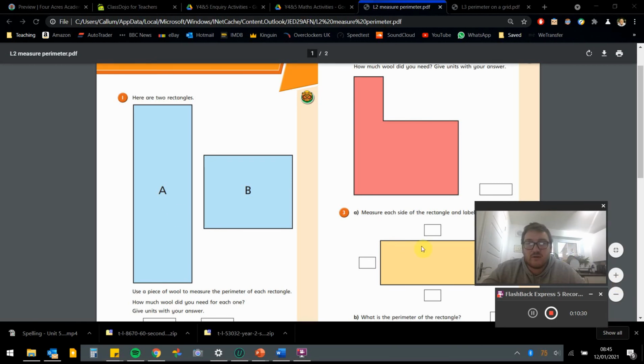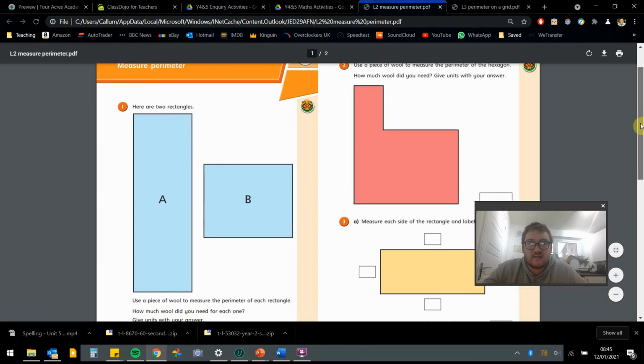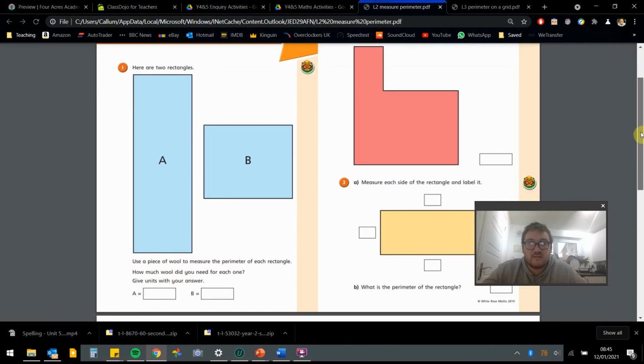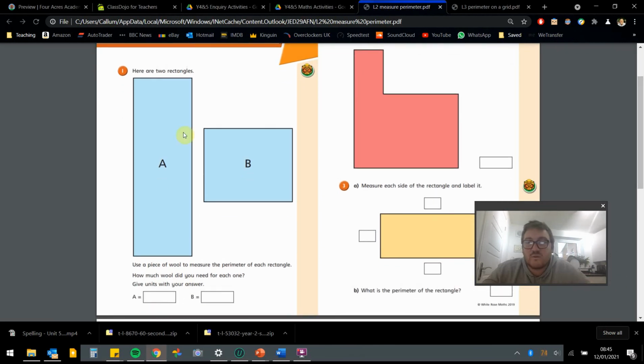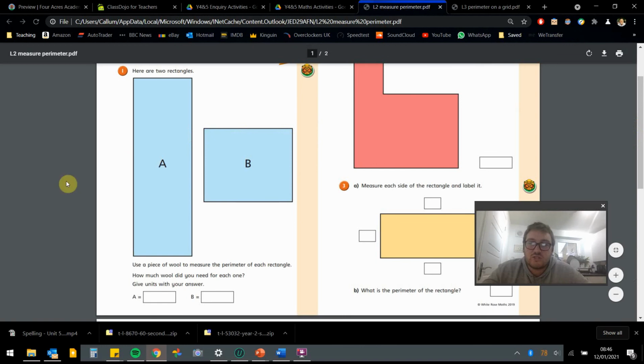So I'm going to show you as best I can how we would do this, but it might be worth getting mum or dad to sit with you just to double check your answers tonight, because I don't want to put that you got something wrong when you in fact did measure it correctly. It's just a different size to what it would be printed off.